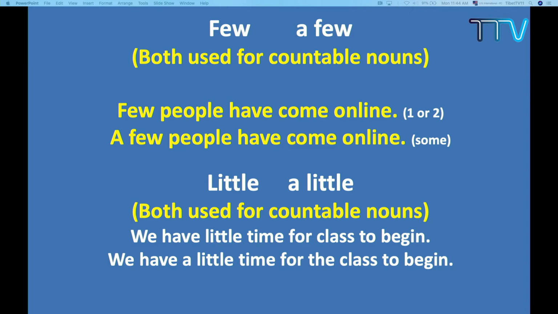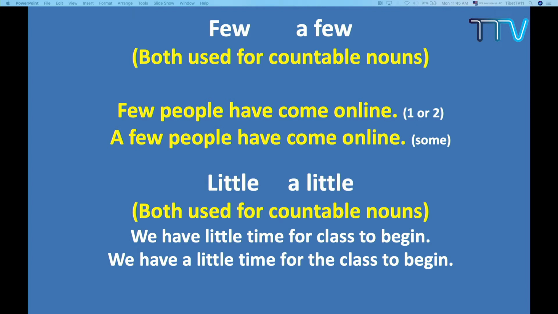You cannot say a few milk or few milk. Few cars, few people, a few people, like this. And the second is that few is negative and a few is positive. You got it? If you keep this in mind, you will not make this mistake.